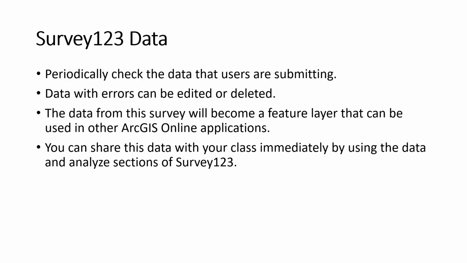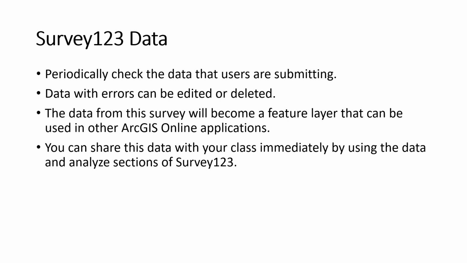So, what to think about with Survey 123 data and how to use the data and analyze sections. You definitely want to periodically check the data that users are submitting. Whether you have multiple class periods in a day or you're working on a survey over the course of several months, you want to pop in, after you know that students have been collecting data, and look at it.